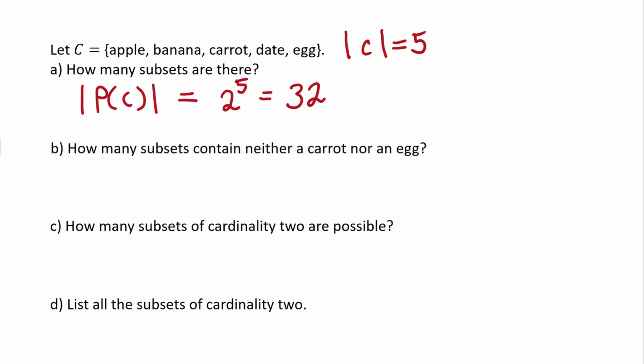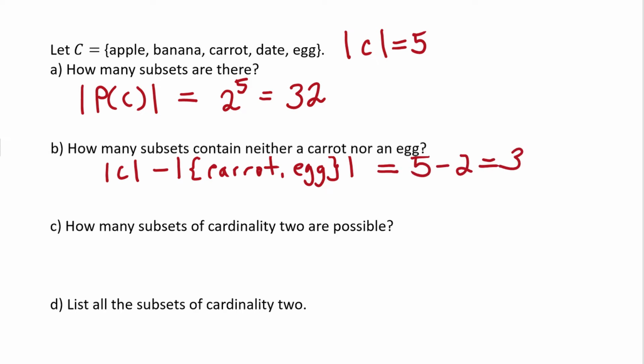Part B. How many subsets contain neither a carrot nor an egg? What we need to do now is reduce the set size, and so we'll go from the cardinality of the set, and then we'll subtract the cardinality of the set that contains a carrot and the egg. And so this becomes the arithmetic problem of 5 minus 2, or 3.